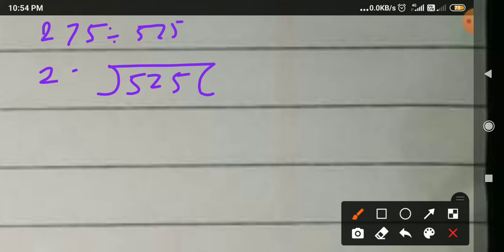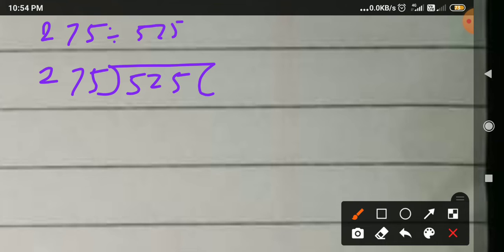Here it will come 275. If we multiply 275 by 2, you will get an answer more than 525, nearly 550. So here we have to take the division first only.